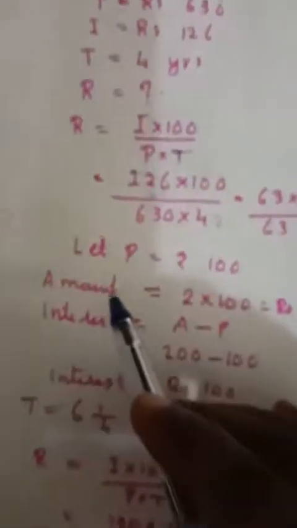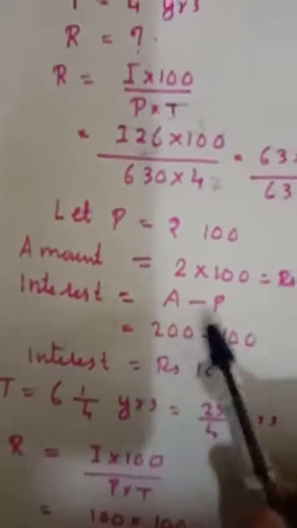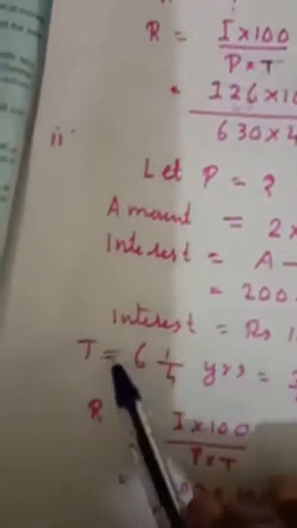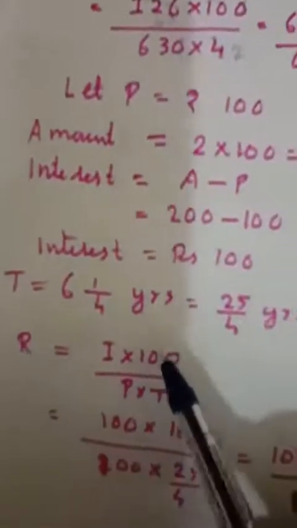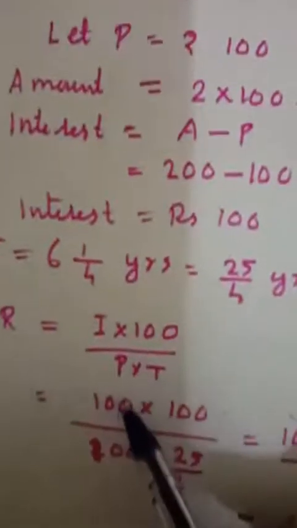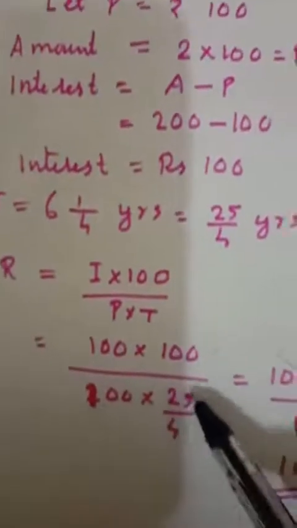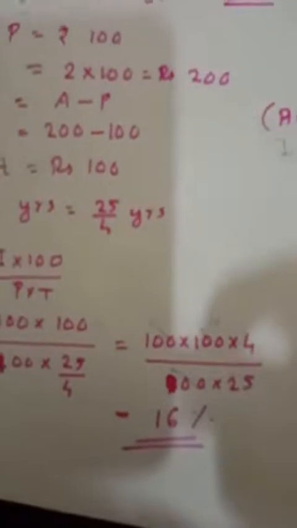We know that amount is principal plus interest, so interest is amount minus principal. 200 minus 100. Interest is 100. Time period 25 by 4. Now apply the formula. R is equal to 100 I by PT. 100 into I also 100, P 100, T 25 by 4. After cancellation 16%. Okay.